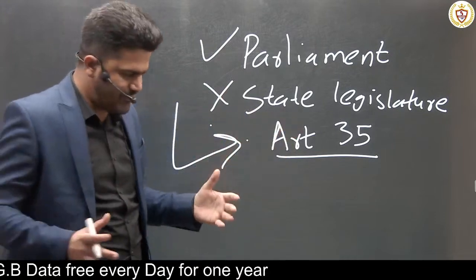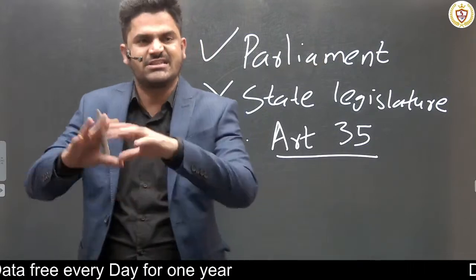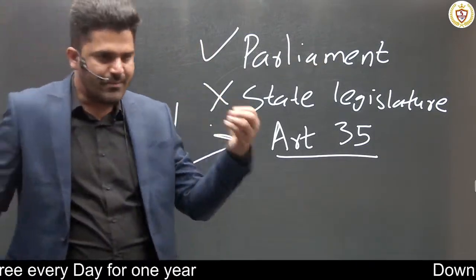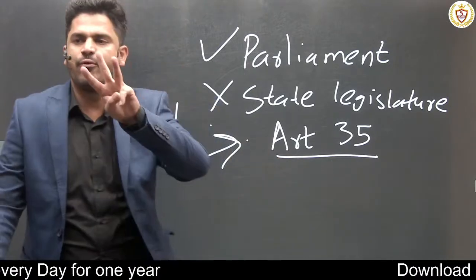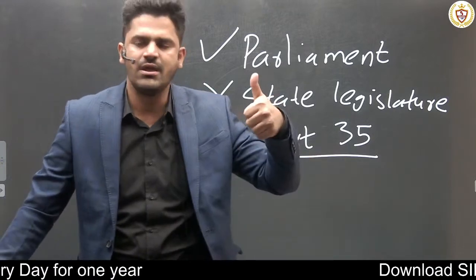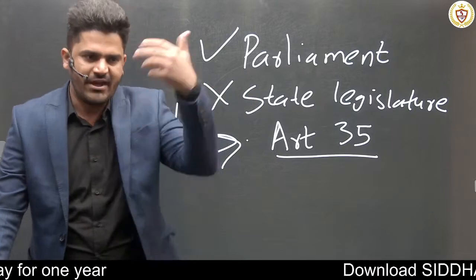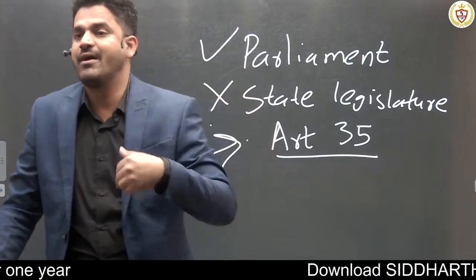Clear? So today we have discussed the basic concept of rights, fundamental rights, classification, difference between legal rights and constitutional rights, fundamental rights and other constitutional rights, right? And we have also discussed the threefold classification of fundamental rights. Number 1, classification on the basis of content or subject matter. On the basis of that, fundamental rights are classified into 6 categories. Second, classification on the basis of availability.